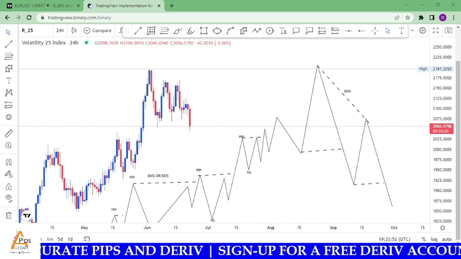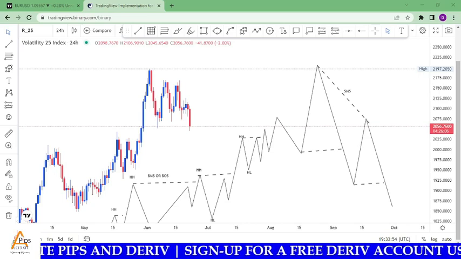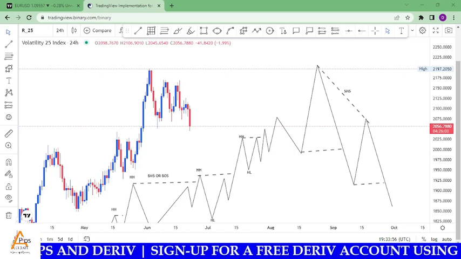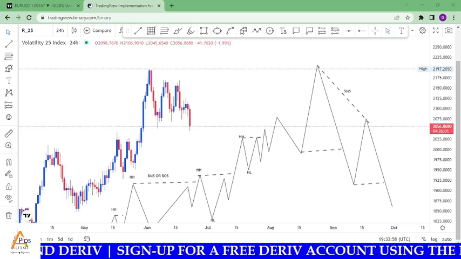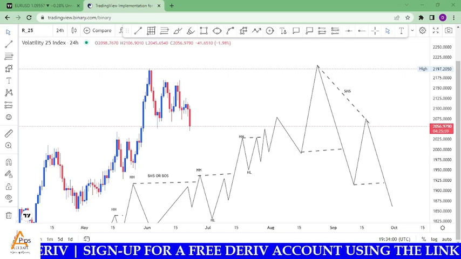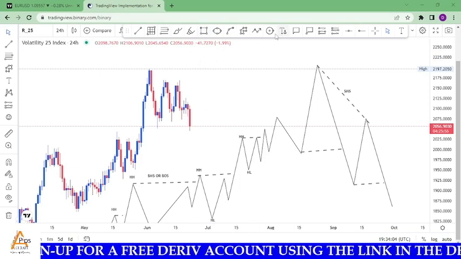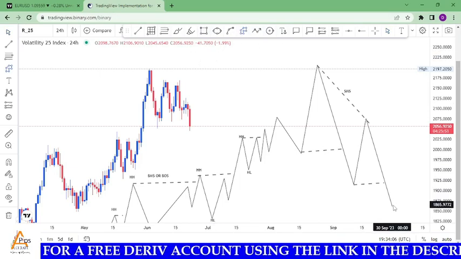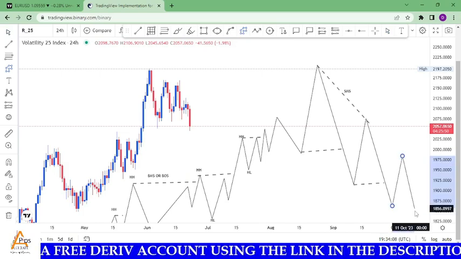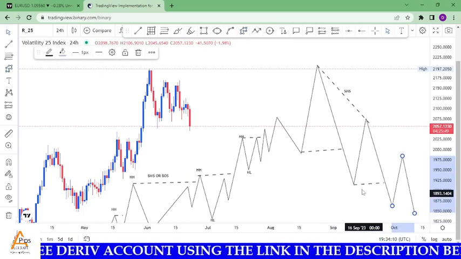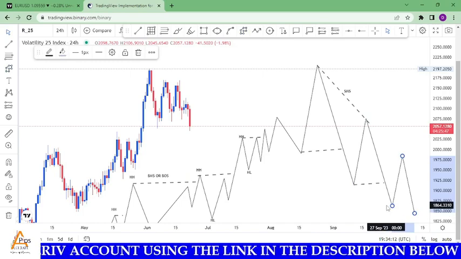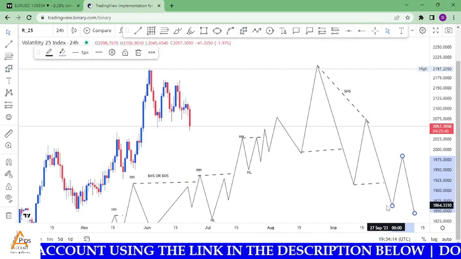There is something you need to understand to know whether the trend has fully changed or not. And that was what I was saying, that at least we need two lows to be formed. So once we get another low forming here, then we know that two lows have been formed in the market.